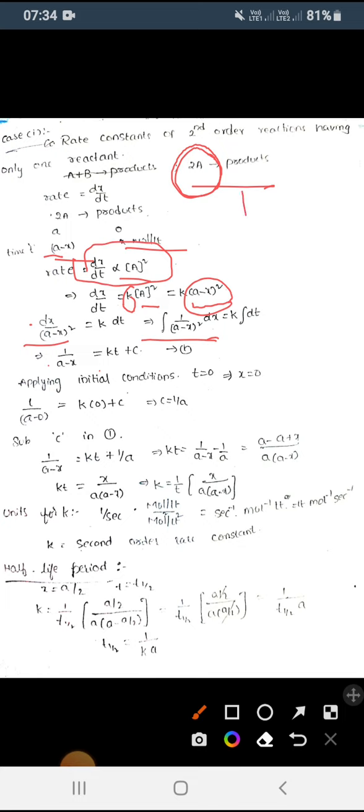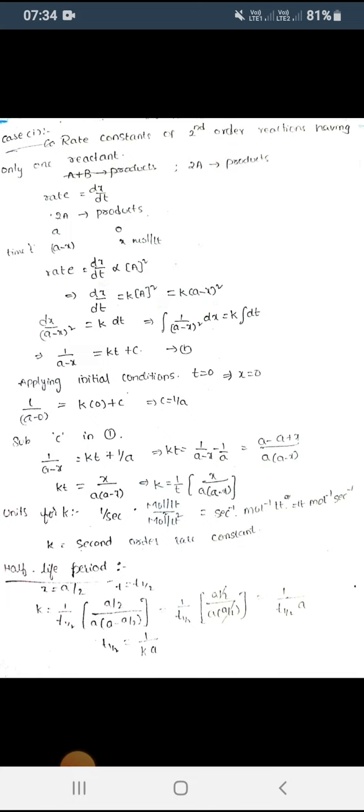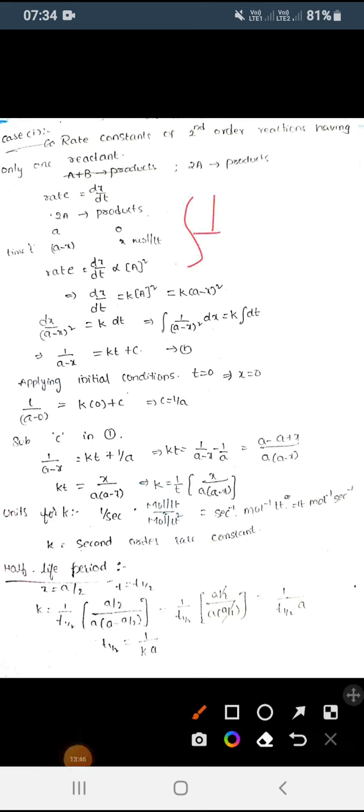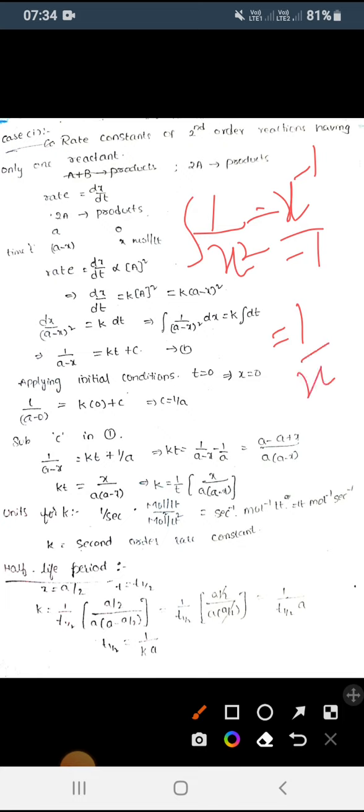So we get the equation 1 by A minus x is equal to kt plus c. Let us take it as equation 1.